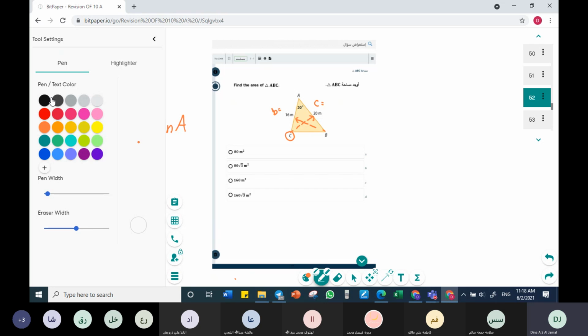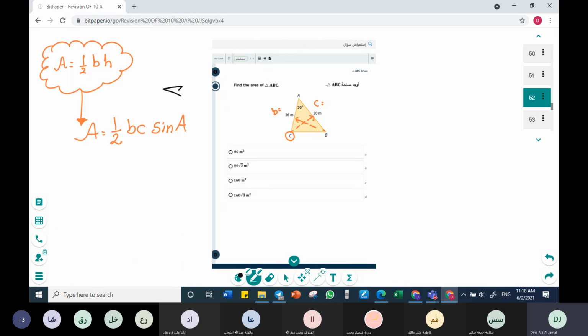Please remember this law. It is really important. It will save your time. Instead of finding each side, you will be just substituting. A is equal half B, which is 16, C, which is 20, sine 30.